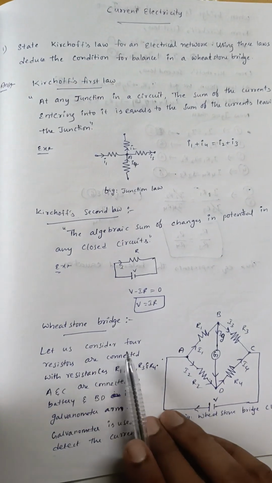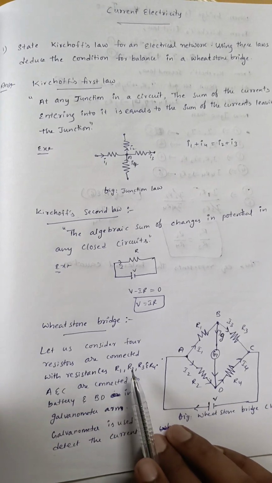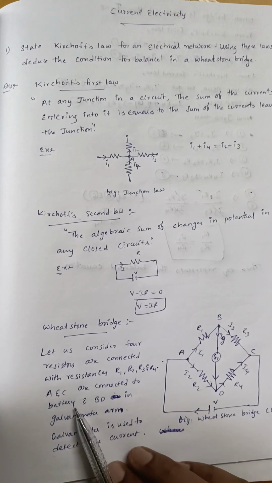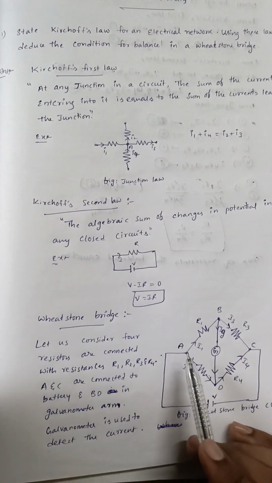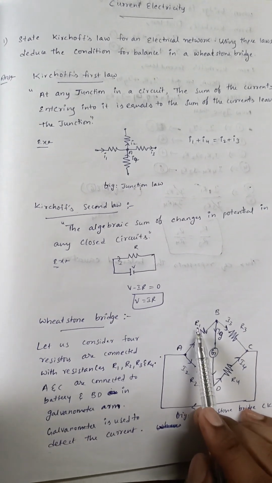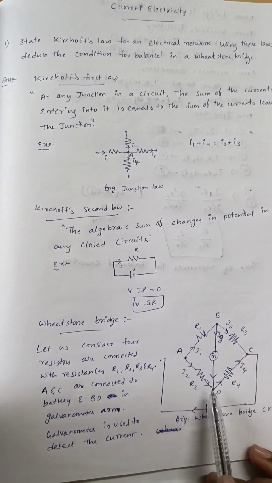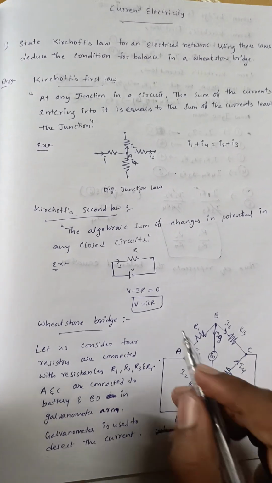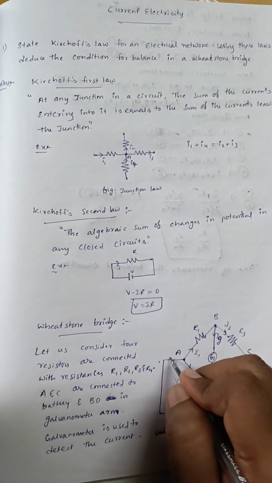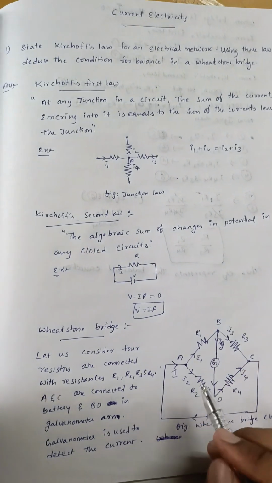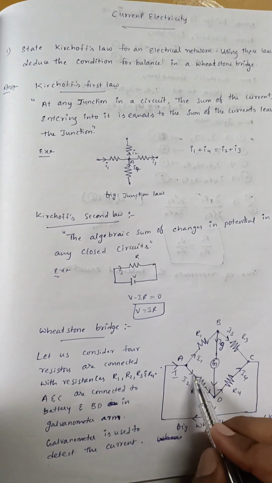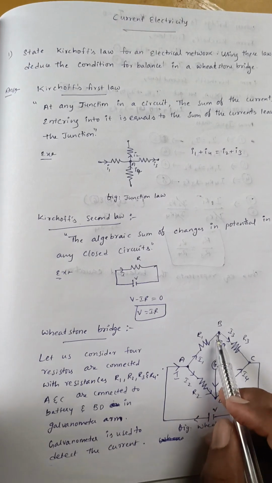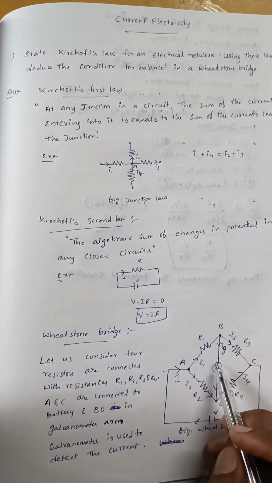Wheatstone bridge. Let us consider four resistors R1, R2, R3 and R4, with A and C connected to a battery. A to B has R1, B to C has R3, A to D has R2, and C to D has R4. The current I divides into I1 and I2 according to Kirchhoff's first law. Then I1 divides into I3 and Ig.